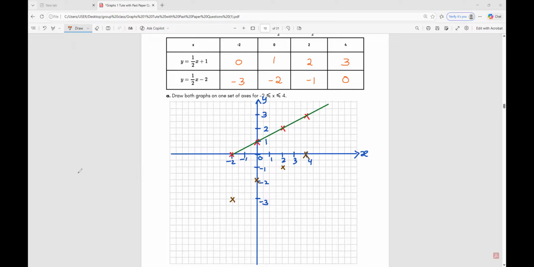This is not enough, my graph. So these lines will intersect somewhere above.